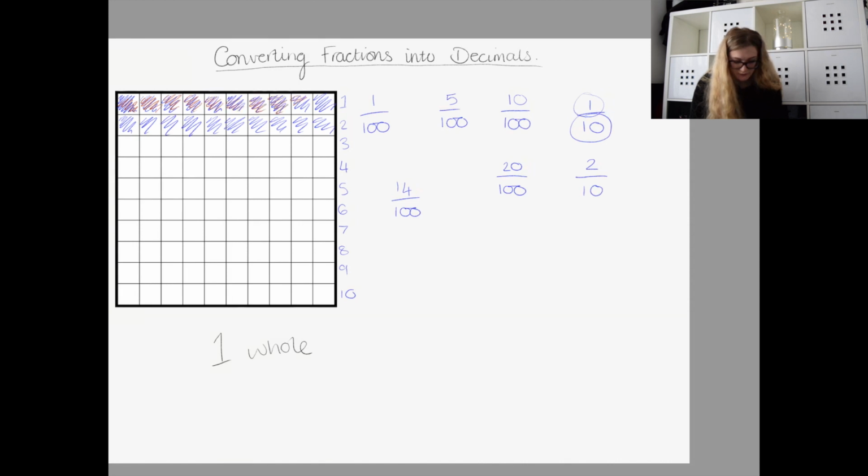So I've got my whole first row, my 1/10, coloured in. As a decimal, we would have that as 0.1. That is because what we've got is 1/10.